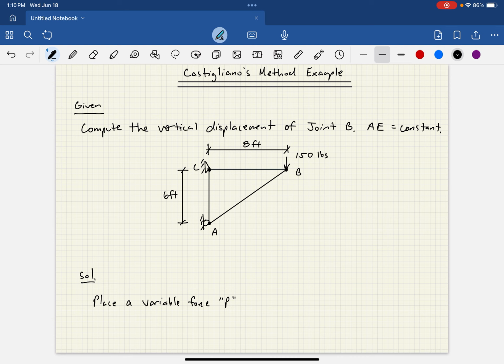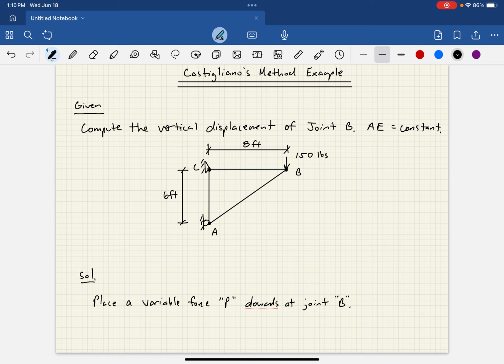So in this case, we're going to place the variable force P downwards at joint B. Okay. Now, when we create this particular system here, it's going to be similar to a virtual system, although we're not going to call it that because this is a different method than virtual work, although it is similar.